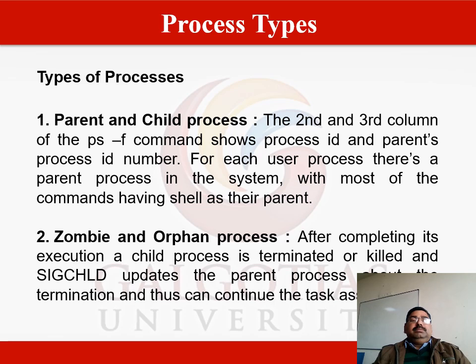Next is the types of processes. There are parent and child processes, and zombie and orphan processes. Parent and child processes are known from the process status command, the second and third column of the ps -f command. ps -f gives full information of process status, with the PID and the parent process ID.